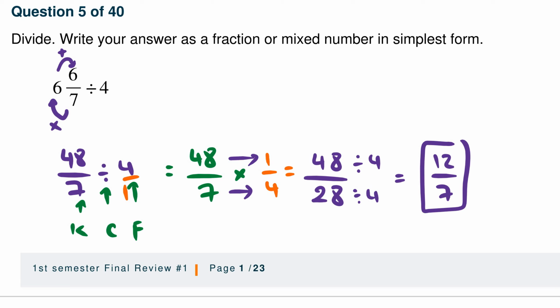Write your answer as a fraction or mixed number in simplest form. So they also give you another option, the mixed number. 12 over 7 will turn into 1 whole and 5 over 7. Okay, as a mixed number, 1 whole and 5 over 7.